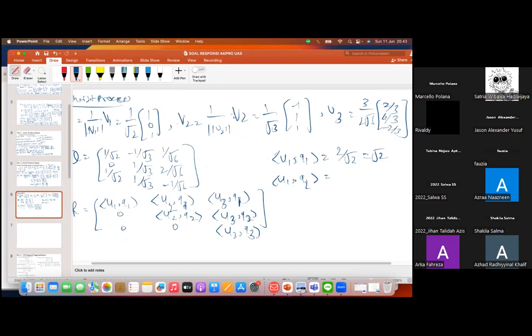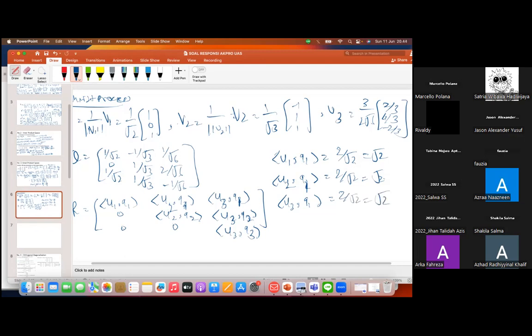So U2 comma Q1 is also equal to root 2, and U3 comma Q1 is equal to root 2 as well.